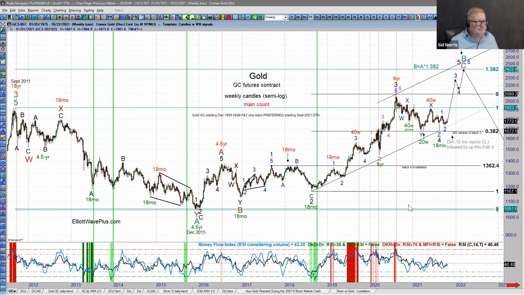Same deal. But it's the corrective nature of the downward movement that leads me to want to become more bullish more quickly. So hopefully that explains the difference. You can see that repin right there, and that puts the 18-month there.